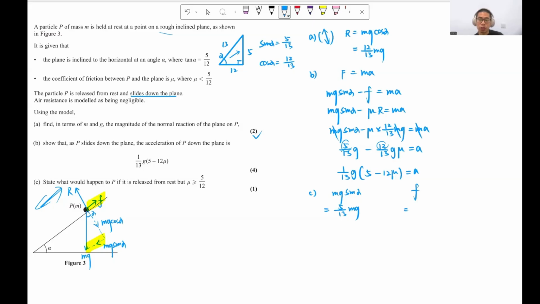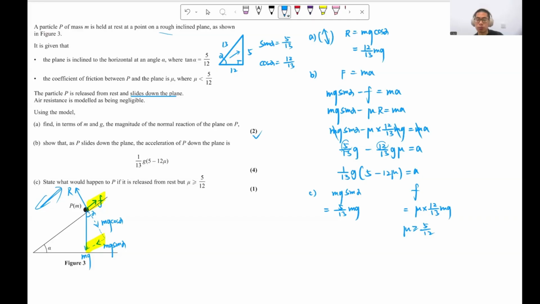And then the friction is equal to mu R. So mu is just mu, and R we already know is 12/13 mg. And we know mu has to be more than or equal to 5/12.